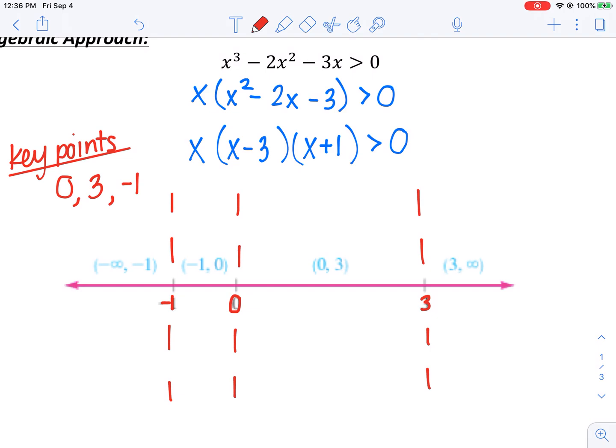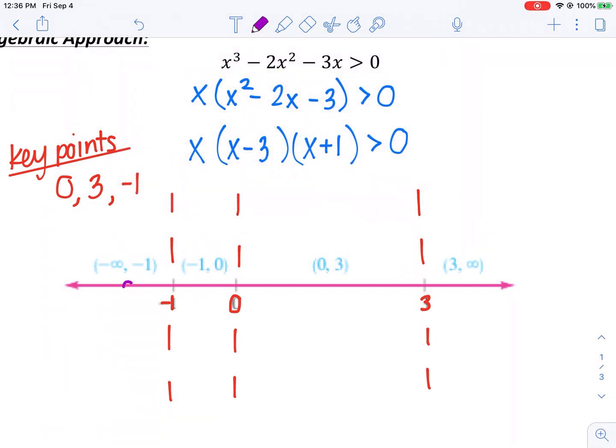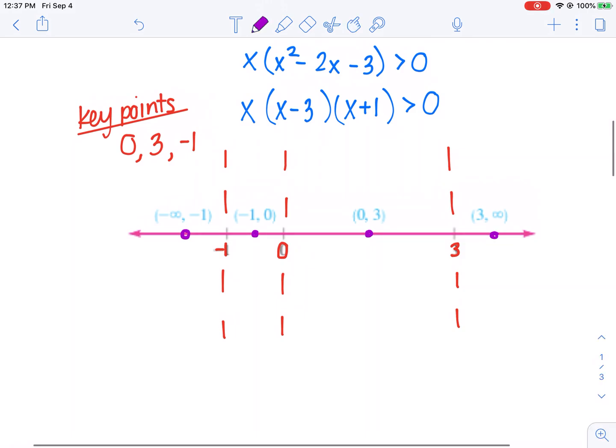What I do next is I need to find a test point in each section, plug that point into the original inequality and see if it's true or false. I'll show you what I mean by that. Let's say we take a point in this left area, which will be -2.